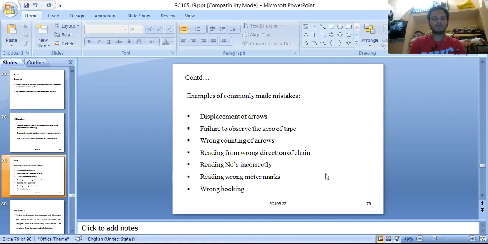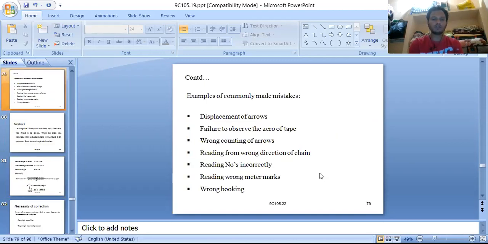Wrong counting of arrows. Some people may count arrows wrongly, which results in mistakes. Reading from the wrong direction of the chain, which gives erroneous results. Reading numbers incorrectly, reading wrong metric marks, wrong booking. These are the common mistakes we will come across.